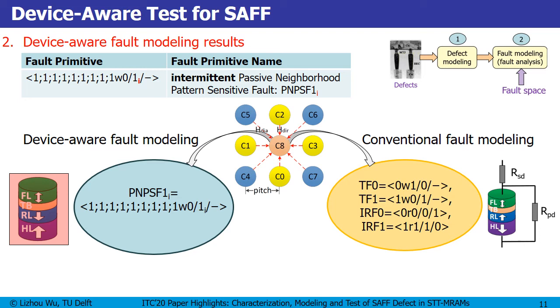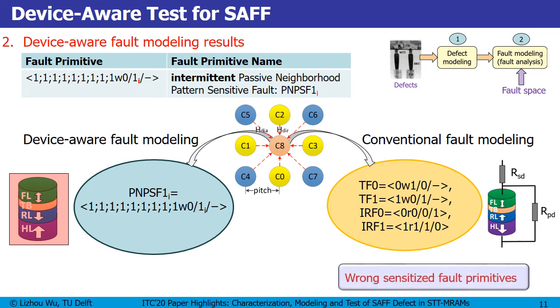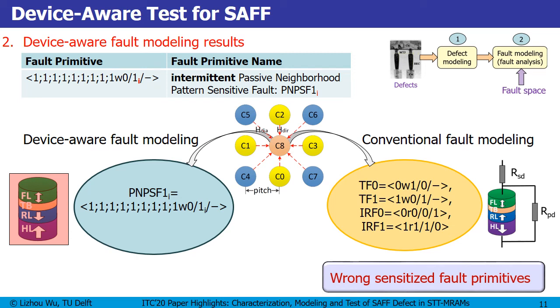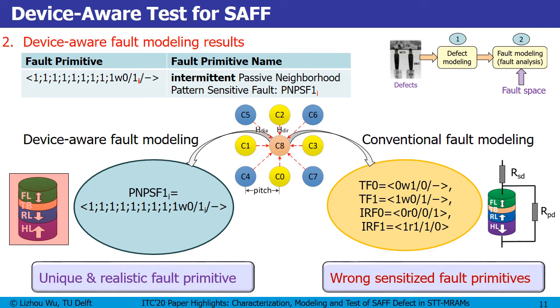This shows that for the SAFF defects, the conventional approach leads to wrongly sensitized fault primitives. But maybe these 4 fault primitives can represent other defects or partially represent other defects. In contrast, our DAT approach gives us a unique and realistic fault primitive. This fault primitive can accurately represent the faulty behavior of the SAFF defects.